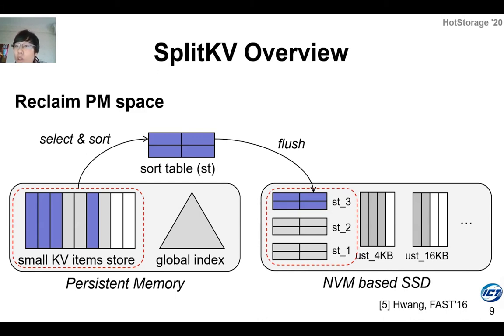Unlike storing unsorted large key value items in SSD, when we handle smaller key value items, they will be sorted and written to SSD to become a sorted table. This is beneficial to reduce read amplification and increase throughput when performing range queries.